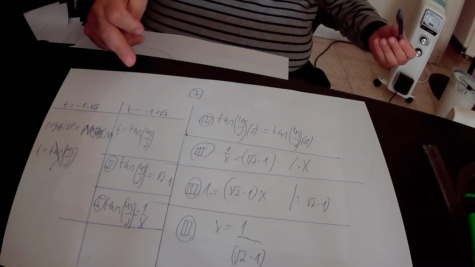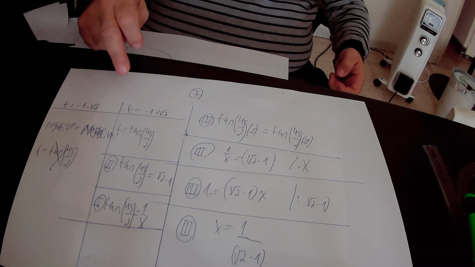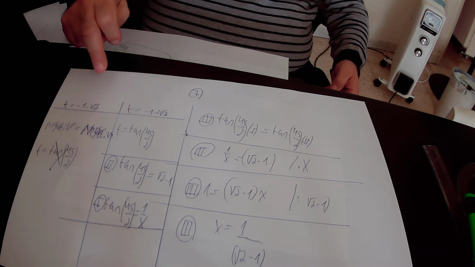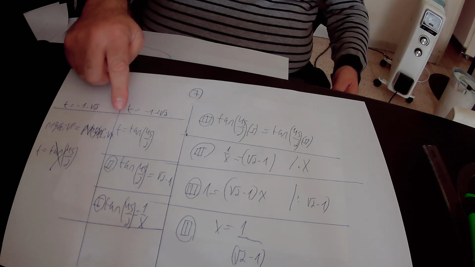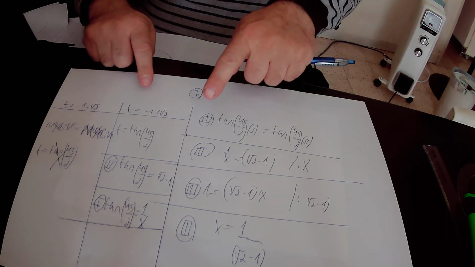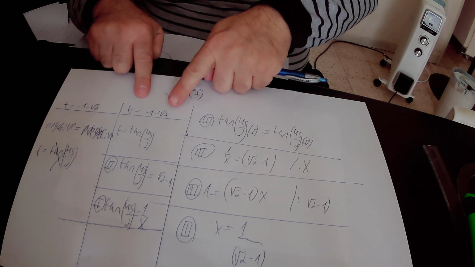But according to our definition, t also equals tangent of 45 over 2 degrees. So here we created equation number 2, that states that tangent of 45 over 2 degrees, that is t, equals minus 1 plus the square root of 2.